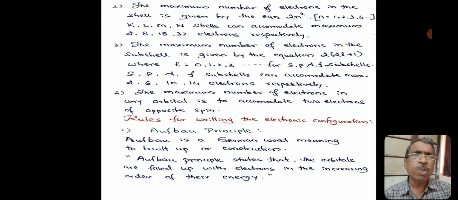Any orbital can accommodate a maximum of 2 electrons of opposite spin. Hence, the s subshell contains only one s orbital, p subshell contains 3 p orbitals, d contains 5 d orbitals and f contains 7 f orbitals.